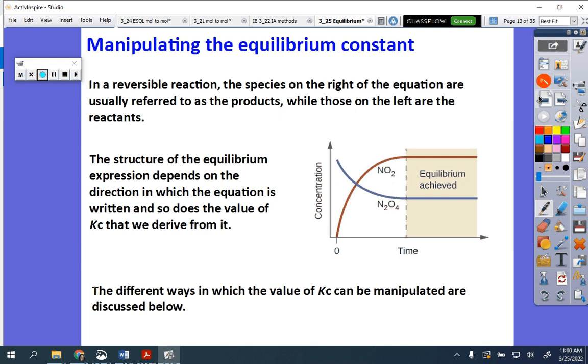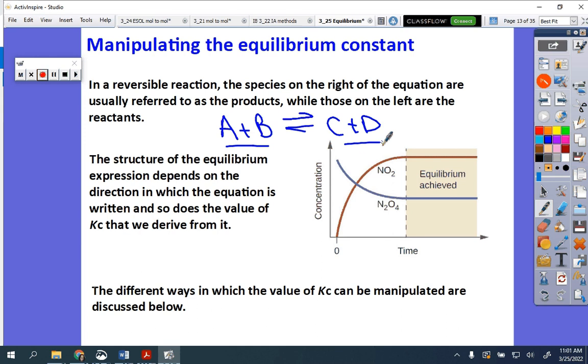Typically, we talk about the reactants being on the left side and the products being on the right side. So our A plus B goes to C plus D. Consider A and B reactants and C and D products, even though the reaction might actually shift in either direction to reach equilibrium.